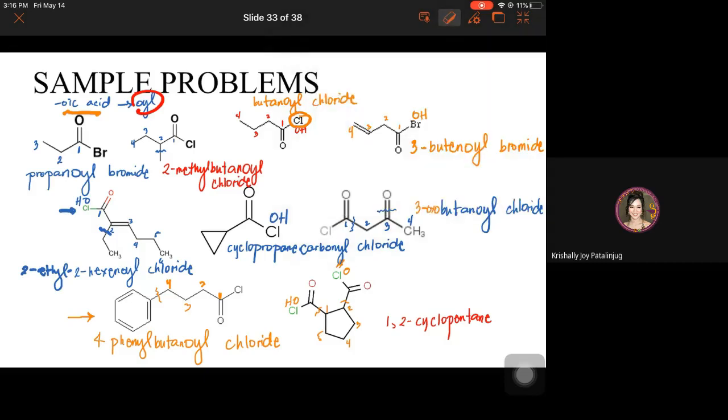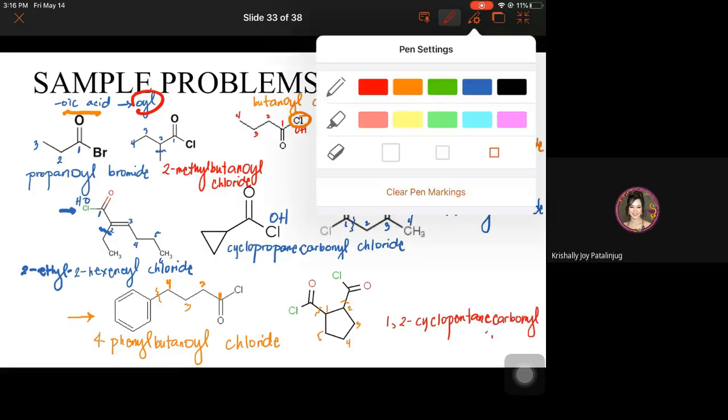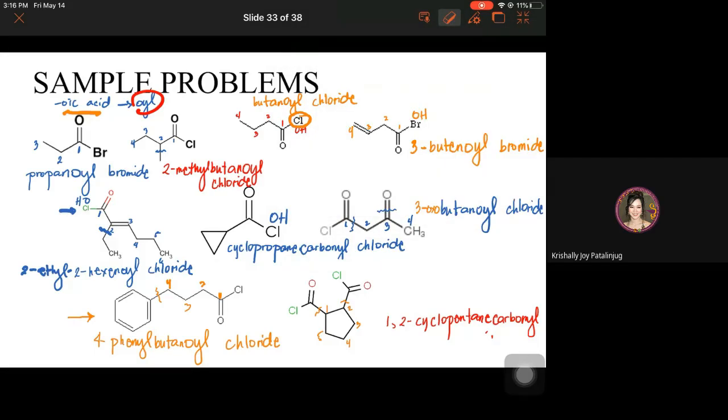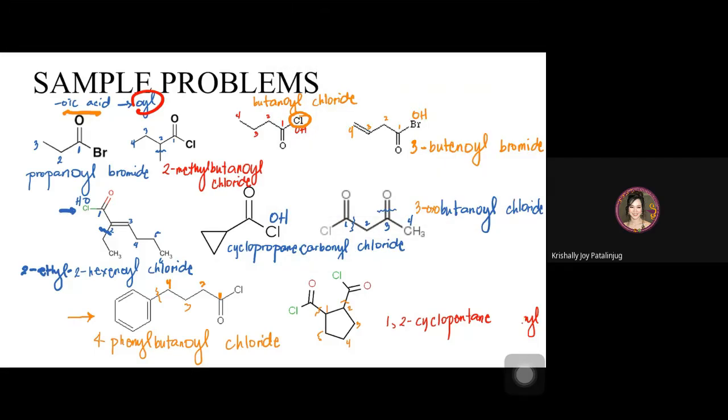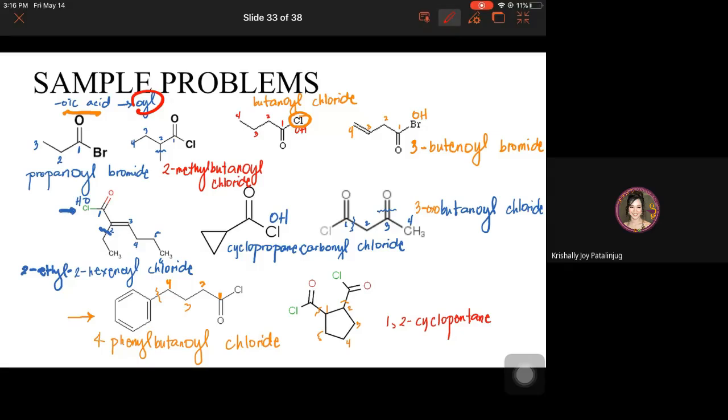Kung carboxylic acid na siya, daw kay derivative man niya nga acyl chloride. Okay? So, this becomes cyclopentane dicarbonyl. No? Nganong dicarbonyl gani? Duha man. Diba? Ang carboxylic acid nga suffix ang suffix nga gamiton kung carboxylic acid group. Mahimo siya carbonyl kung acyl chloride group. So duha man ka carbonyl chloride. So dicarbonyl chloride.